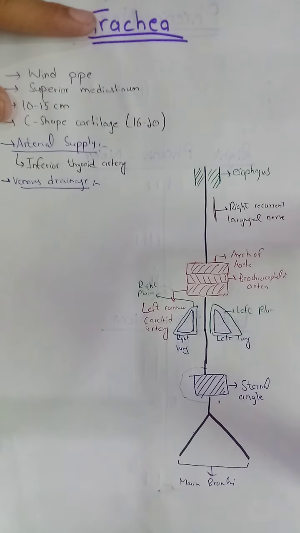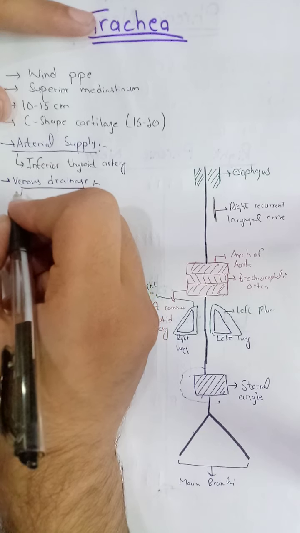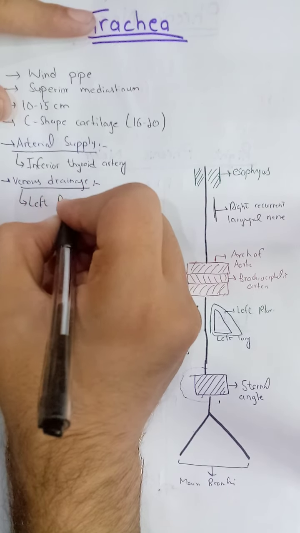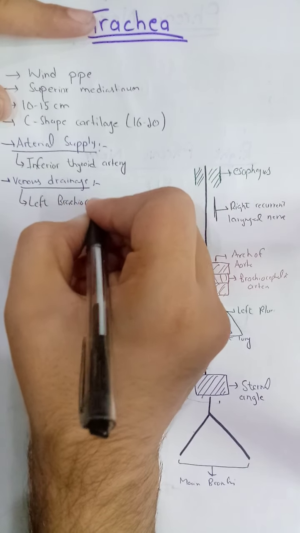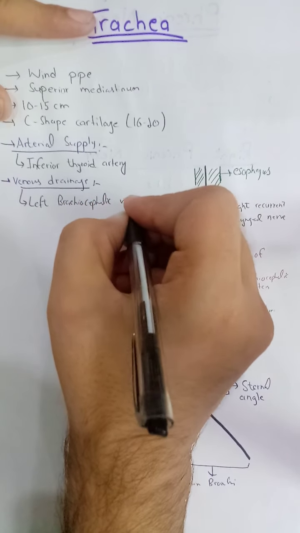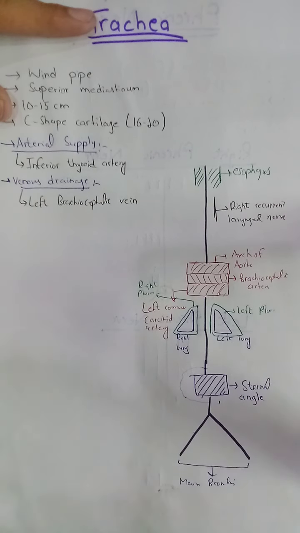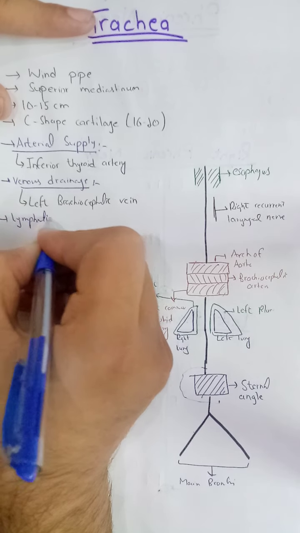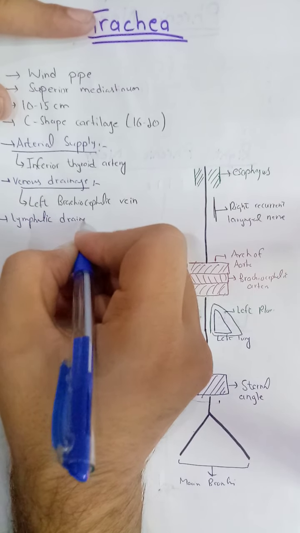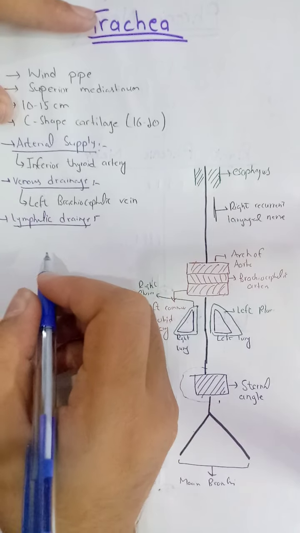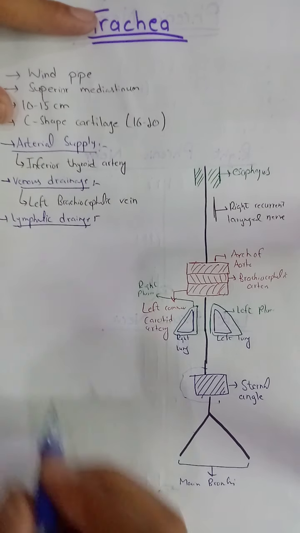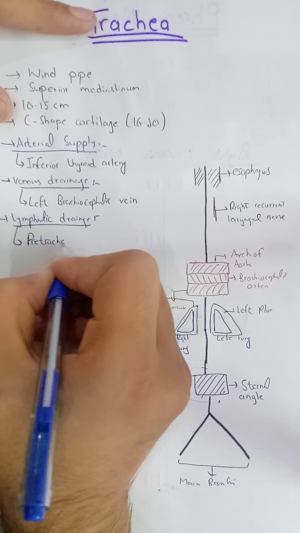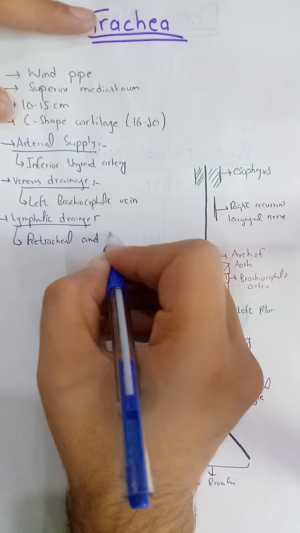The venous drainage of the trachea is through the left brachiocephalic vein. And the lymphatic drainage will be through the pretracheal and paratracheal lymph nodes.